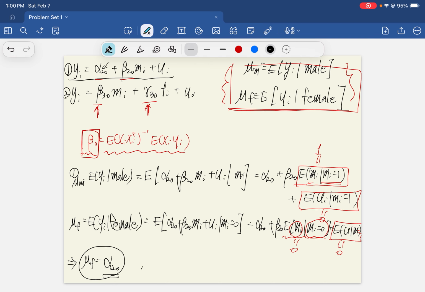Meanwhile, man's average wage is like this, so that means beta 20 is mu m minus mu f. As I said, the coefficient of the included group is the difference from the reference group. So that is also proven here.